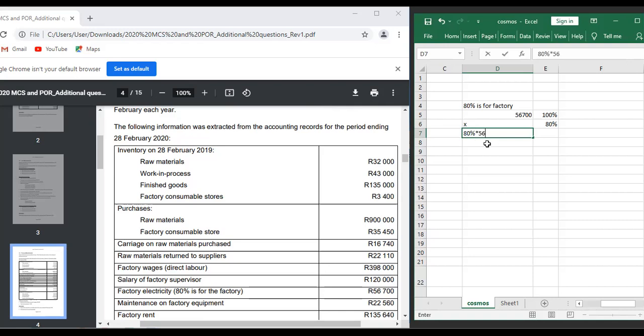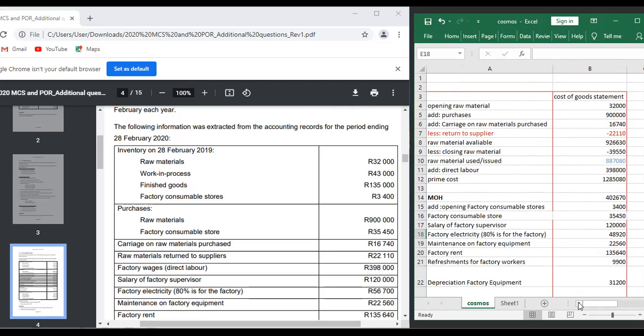We're going to have our 80% multiplied by 56,700. That's the formula you are going to use. When you do that on your calculator, you get 45,360.